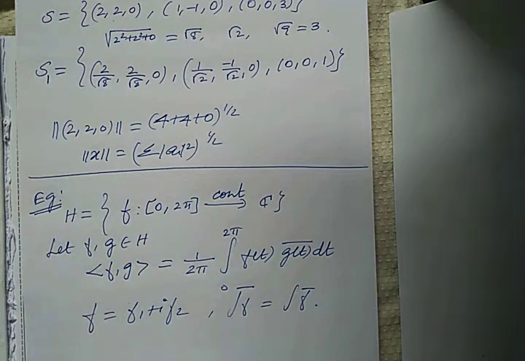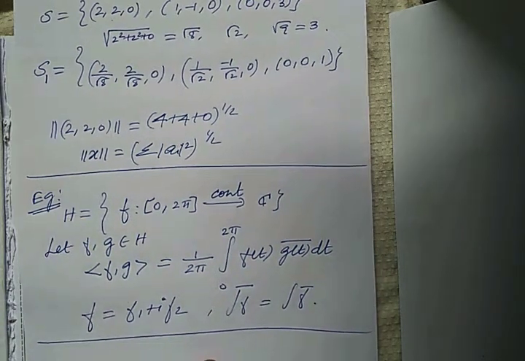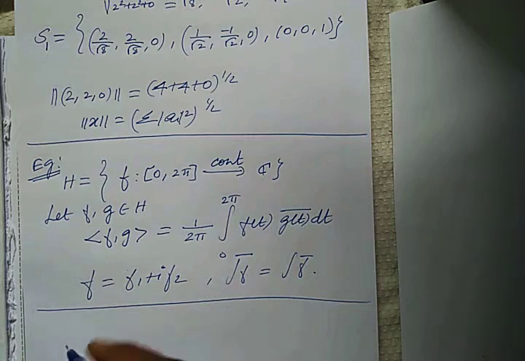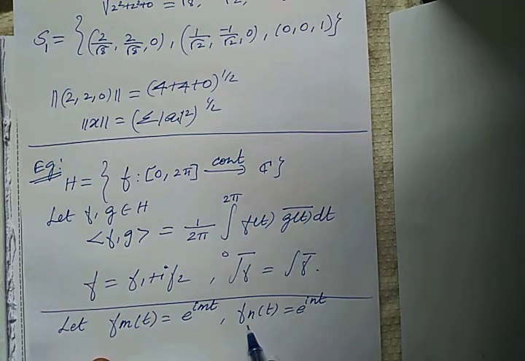Now let us see orthogonality on this set H. Let fn of t be equal to e to the power int. So what is fn of t the whole bar?